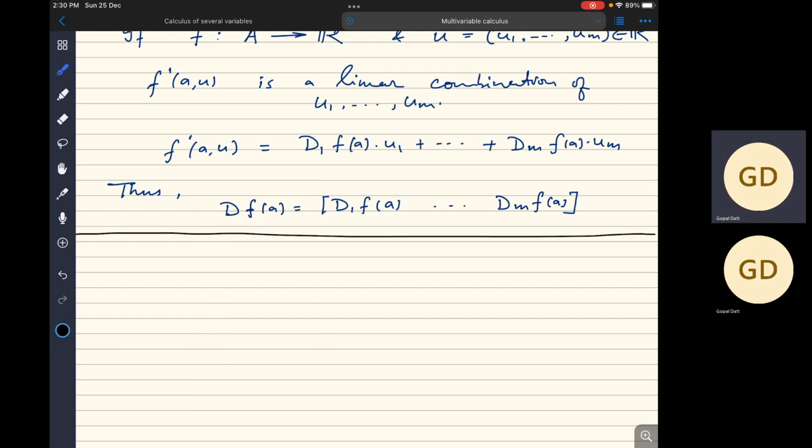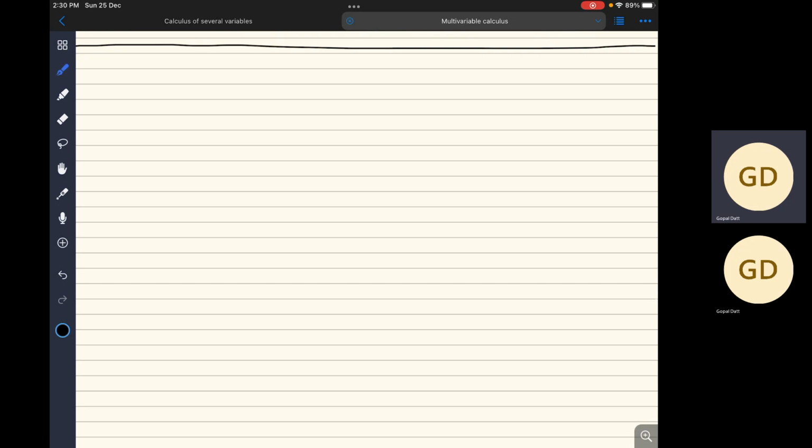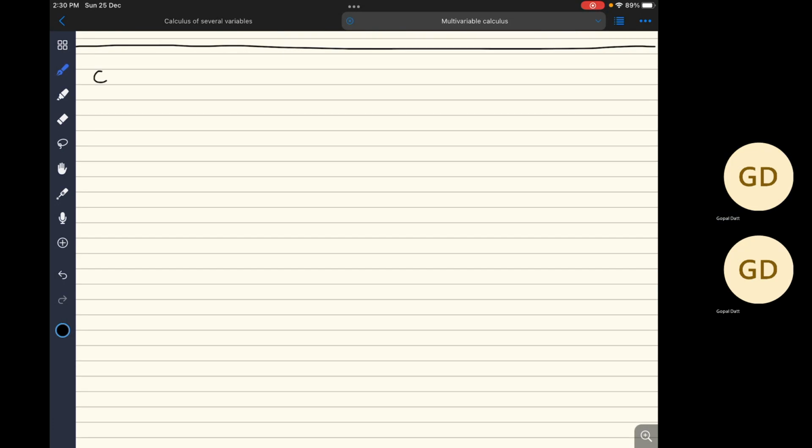For that, what we will do, we will consider a function f from an open subset A of Rm, taking values in Rn, and we assume that f is differentiable at a.